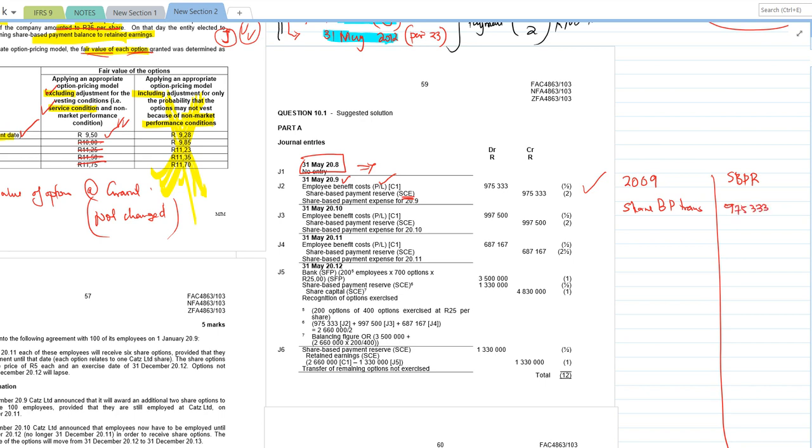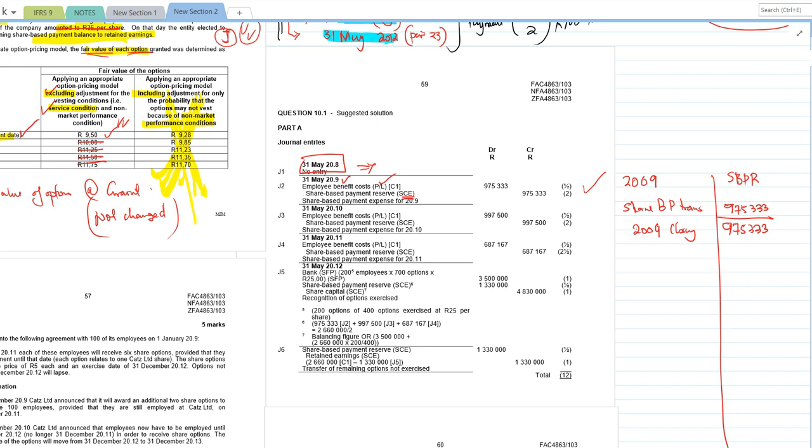And then the balance for that year is 975,333, and then this is the balance at 2009, right? So obviously, guys, 2009, and then that becomes what? The closing balance. Now in 2010 we have the movement again.